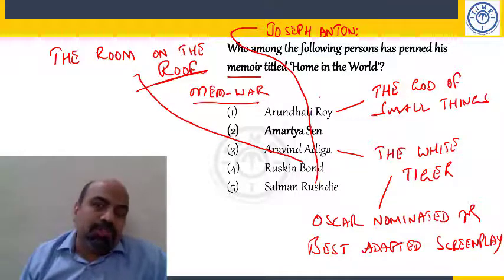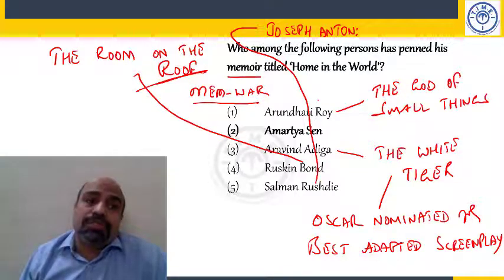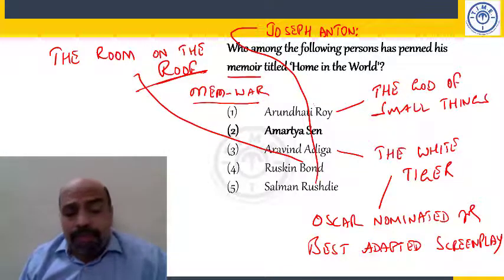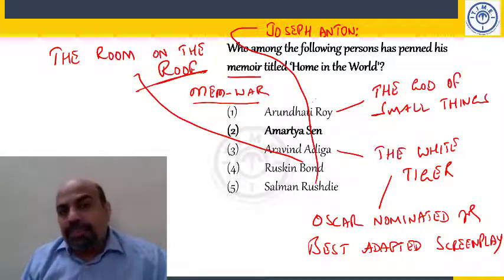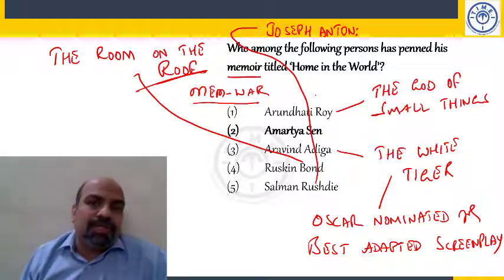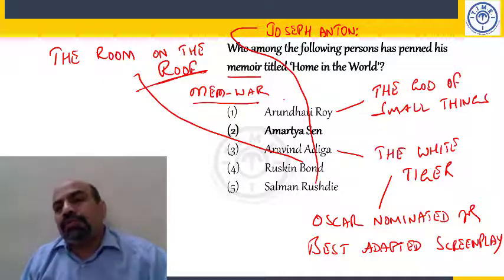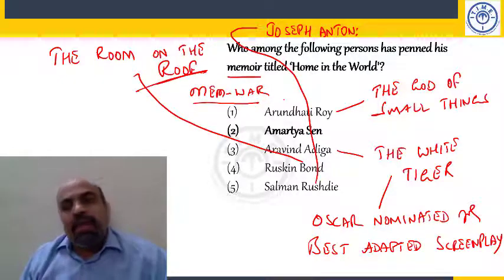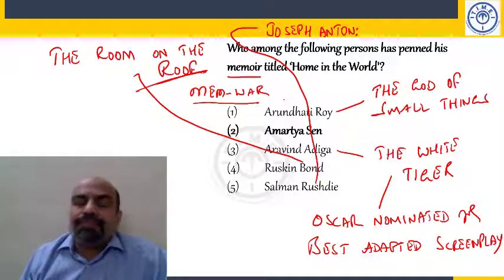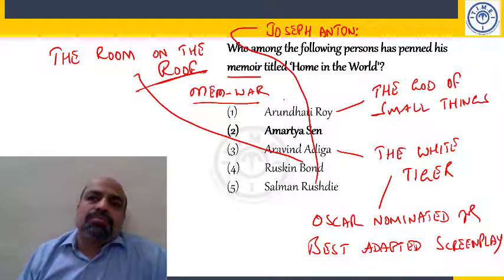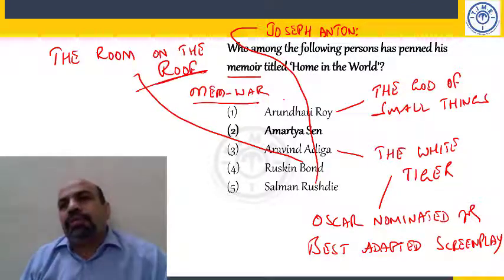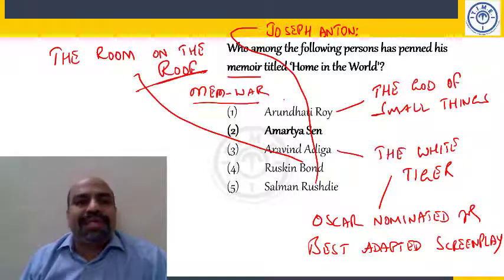Why was the fatwa issued? It was issued because of his book called The Satanic Verses. Satanic means devilish. In this book he is said to have spoken ill of the Islamic prophet Muhammad and about the religion in general. So the Iranian government issued a fatwa, an Islamic order, that Salman Rushdie be killed.